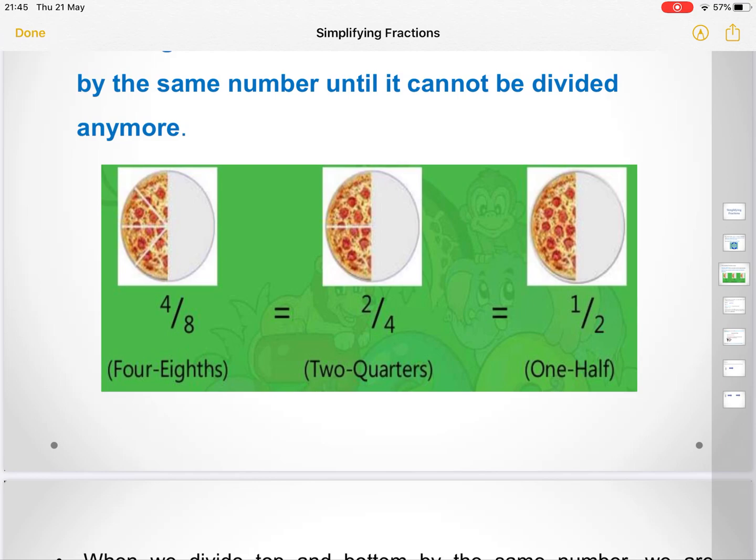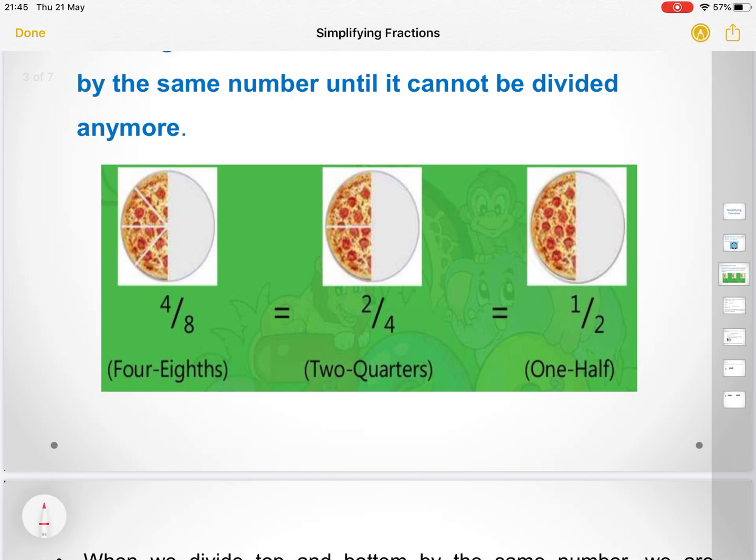If you look at the 3 diagrams, you still have the same amount of pizza, 1/2 of the pizza, but in the first case the pizza was divided into 8 parts. In the second case, the pizza was divided into 4 parts, and in the third case, the pizza was divided into 2 parts. Now, they are equal, right? Although the fractions appear differently, they are equal, all right?